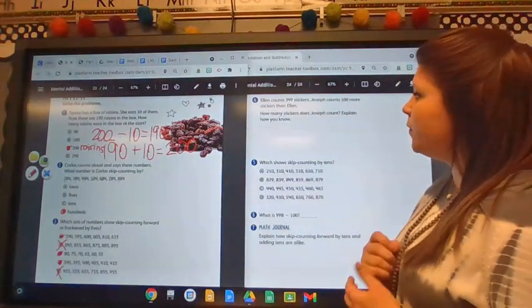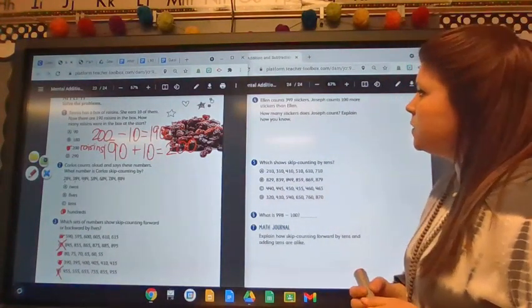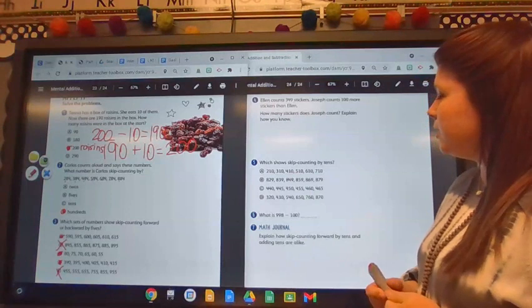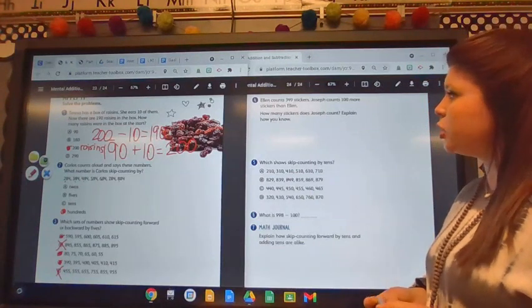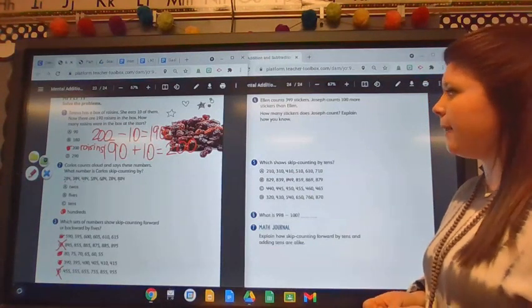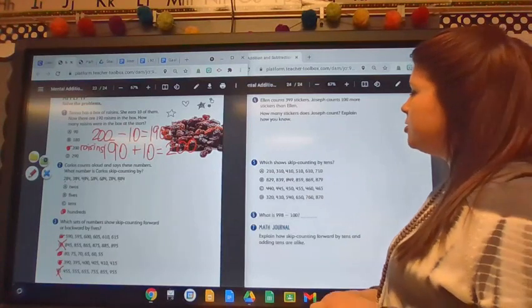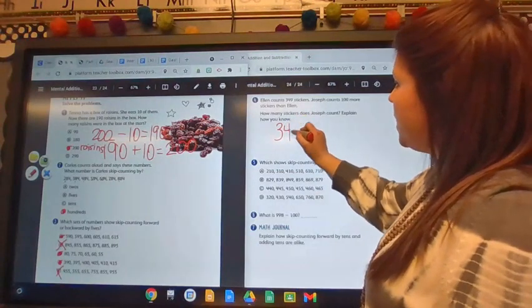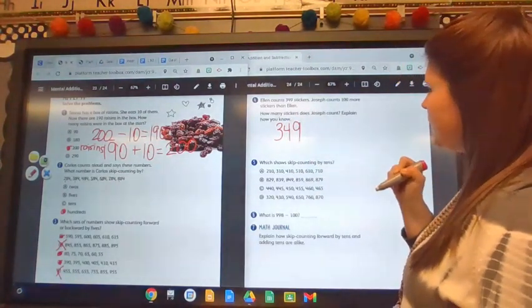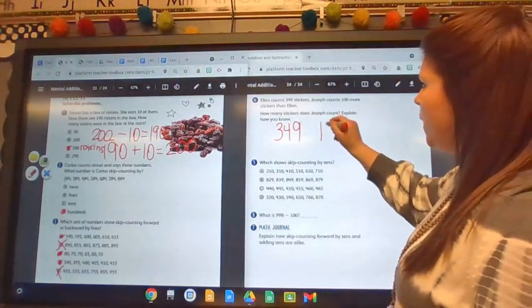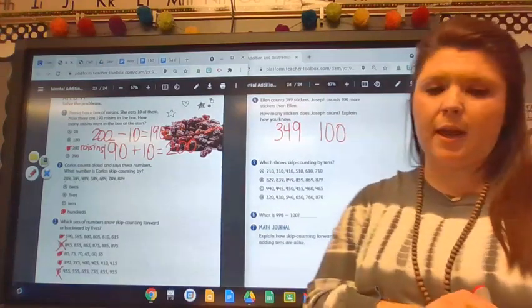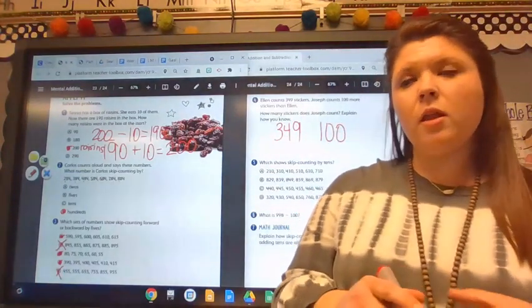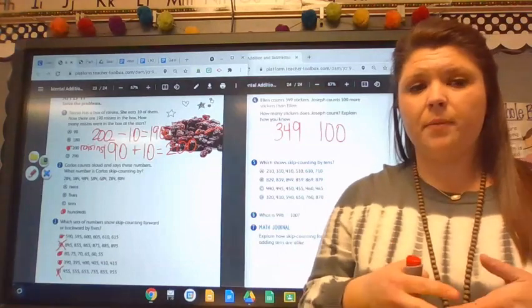All right, let's check number 4. Ellen counts 349 stickers. Joseph counts 100 more stickers than Ellen. How many stickers does Joseph count? So if we have Ellen's stickers, which are 349, and Joseph counts 100 more stickers than Ellen, we know that our total is going to get what?